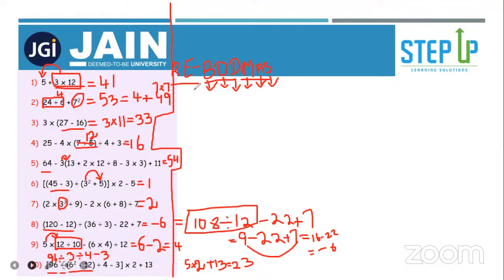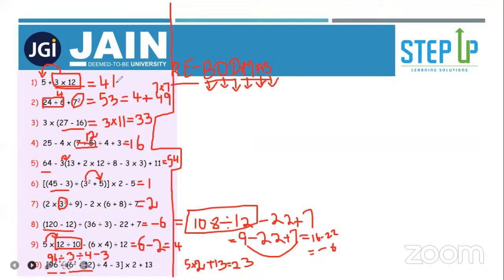Without doing the brackets, you cannot do inside, outside. First, inside the bracket, square bracket and smaller brackets, you get 9. Can you unmute yourself?